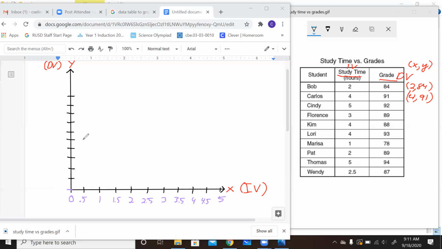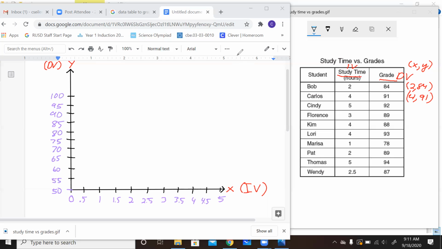And yes, I would be graphing points up here, but again, that's okay. So I'm going to do that. I'm going to say 50, 55, 60, 65, 70, 75, 80, 85, 90, 95, 100.